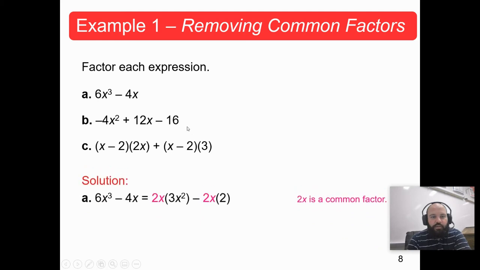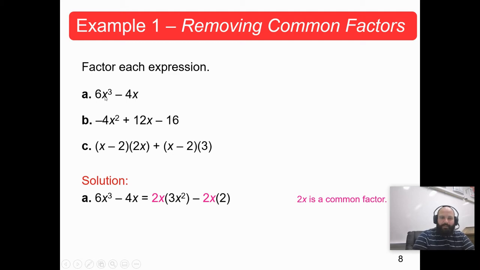If you look at the first example, we have 6x cubed minus 4x. 2 can be factored out of both 6 and 4. Out of x cubed and x, you can take an x to the first power out. So the GCF of this first expression would be 2x.